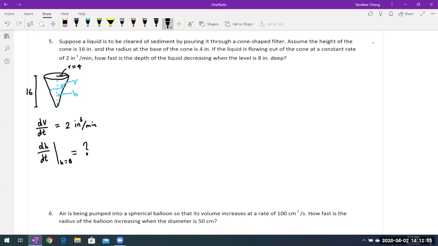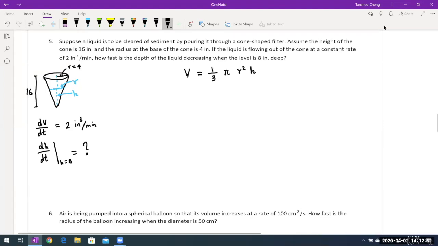That's the question mark right there. So since the rate of change in volume is given and we want the rate of change in the height, we need to use the related formula for those two, which is the volume of a cone formula. The volume of a cone is 1/3 pi r squared h.